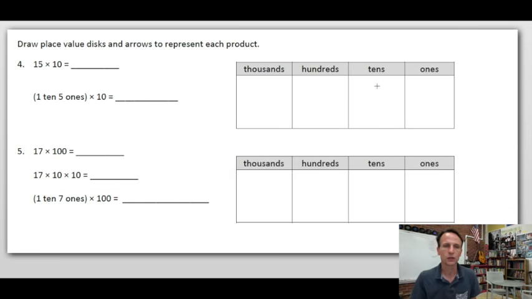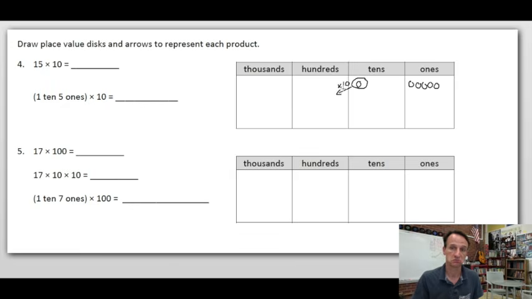So 15 times 10, well, that's 1 ten and 5 ones. And we're multiplying by 10. And we know our place value, that each place is 10 times greater than the place before it. So ride the times 10 slide here.